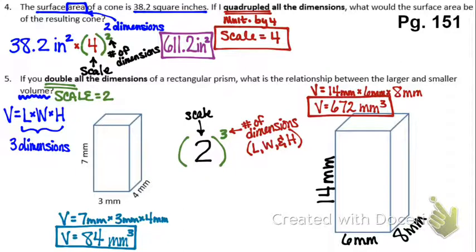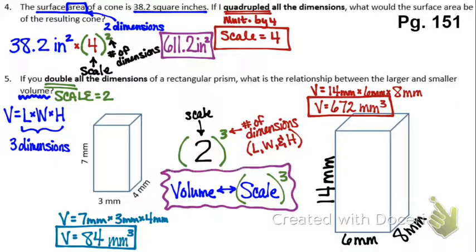Perimeter has 1. There we go. So volume is my scale cubed.